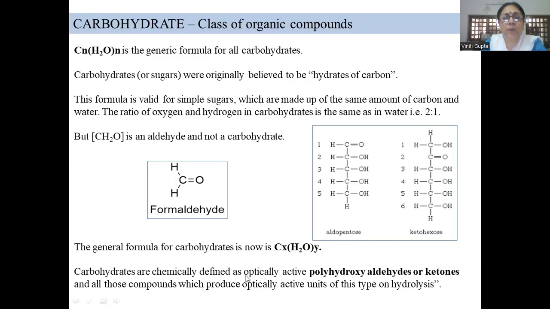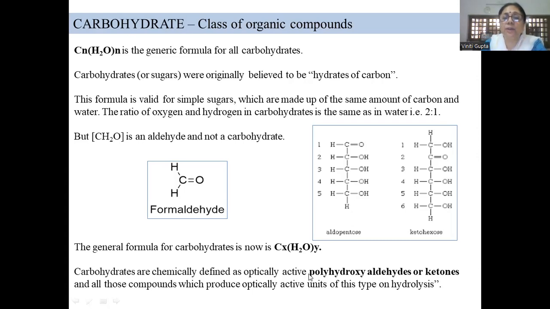But now the point comes: optically active. What is optically active? Optically active is a property of certain molecules when they behave differently towards plane polarized light. When light of some wavelength falls on them, they will change the direction of that light. Instead of letting it go straight, the light will either turn right or turn left.